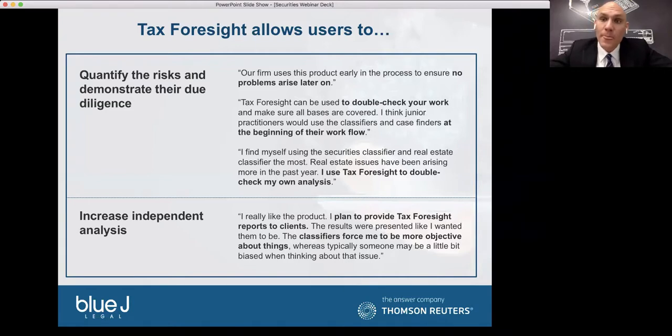But it's hard for them to demonstrate that that's an independent or objective view of the case law. That's something that Tax Foresight can help with. It's basically presenting someone else with the results of your analysis and saying, hey, look, I ran this analysis. These are the assumptions that I made about the facts, and here's what the system's saying about the likelihood of this outcome arising.